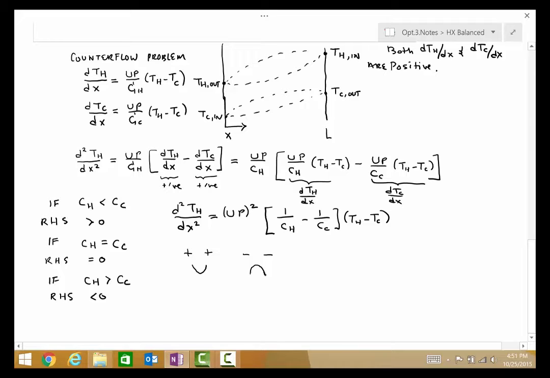So if CH is less than CC and the right-hand side is greater than 0, then our temperature distribution looks like this for our hot stream.